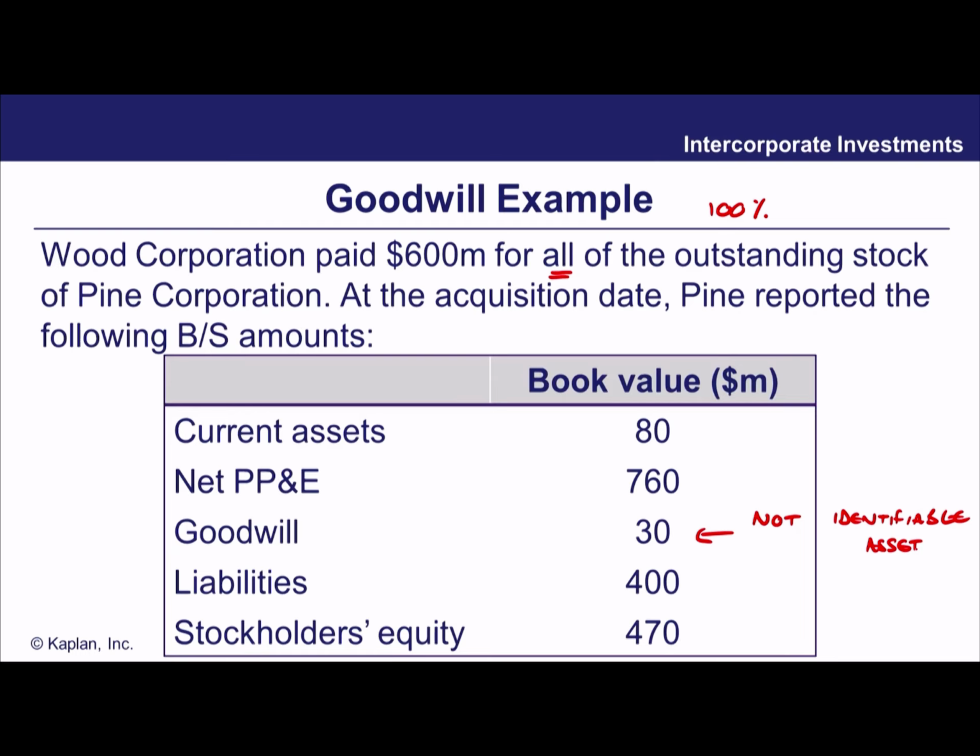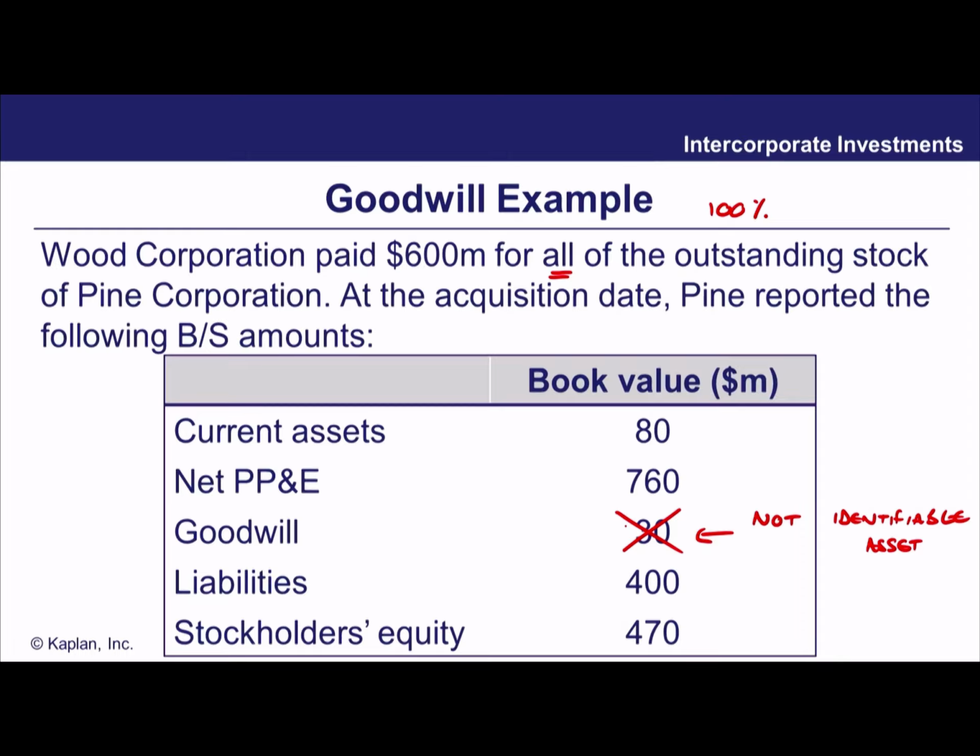Now remember, when we produce the consolidated group accounts, when we look at our subsidiary, we bring in the fair market value of net assets that are identifiable. So in other words, when it comes to the consolidation, we're going to ignore this goodwill figure. It excludes this goodwill figure.